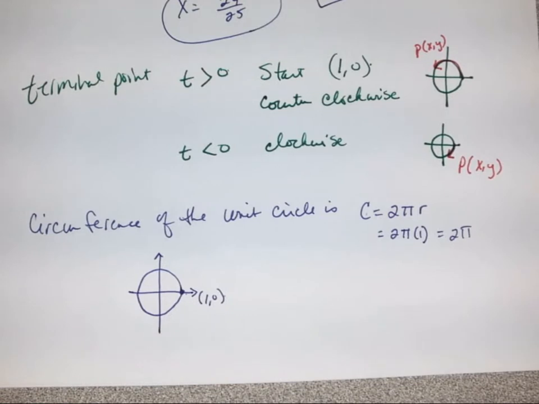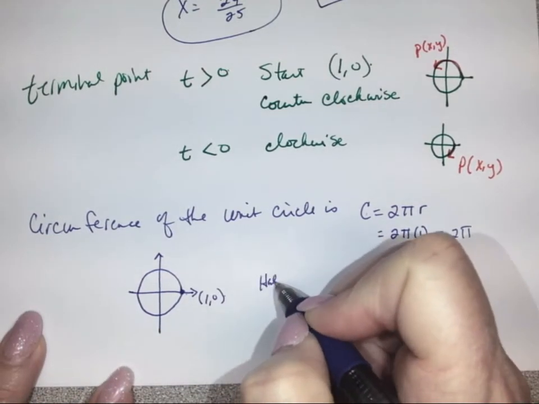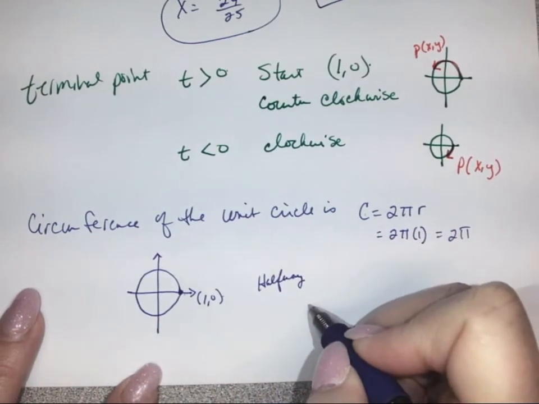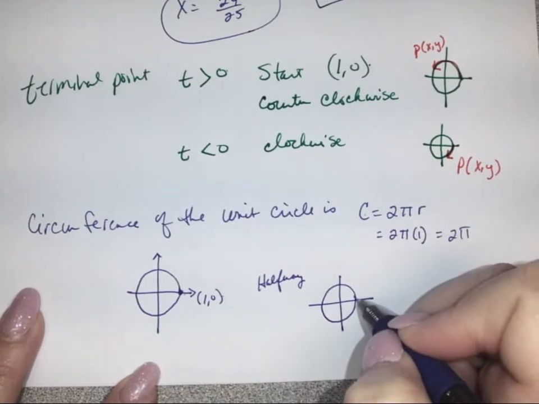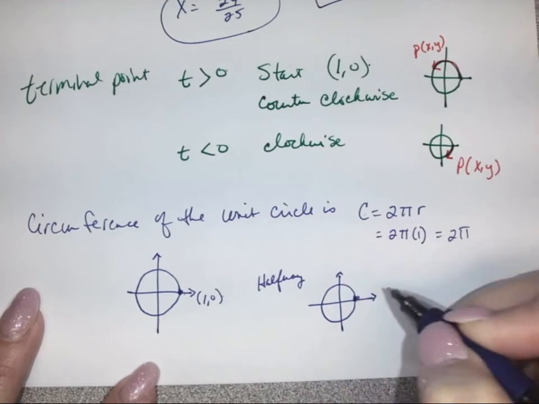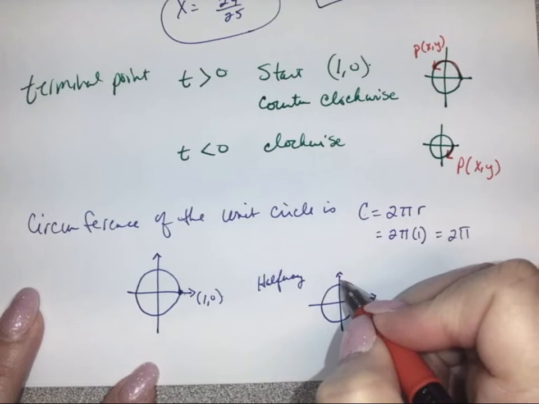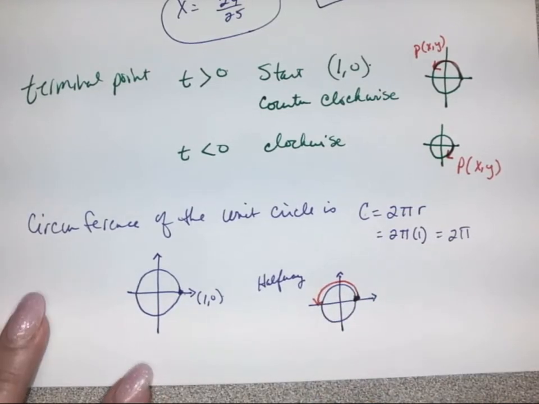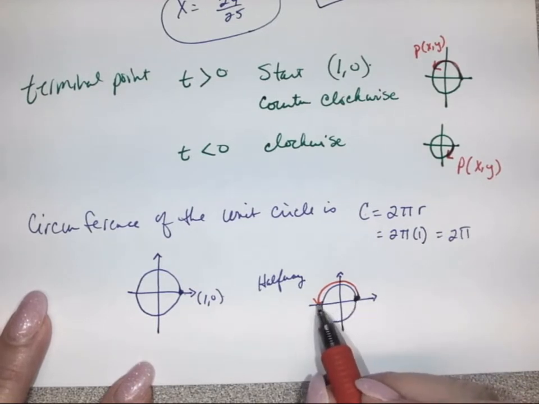Now, if we want to go halfway around our circle, again, we're going to start over here. And if we go halfway, we're going to come all the way over here. What would that point be? Well, that point is still on the x-axis, but now it's on the negative side of x.